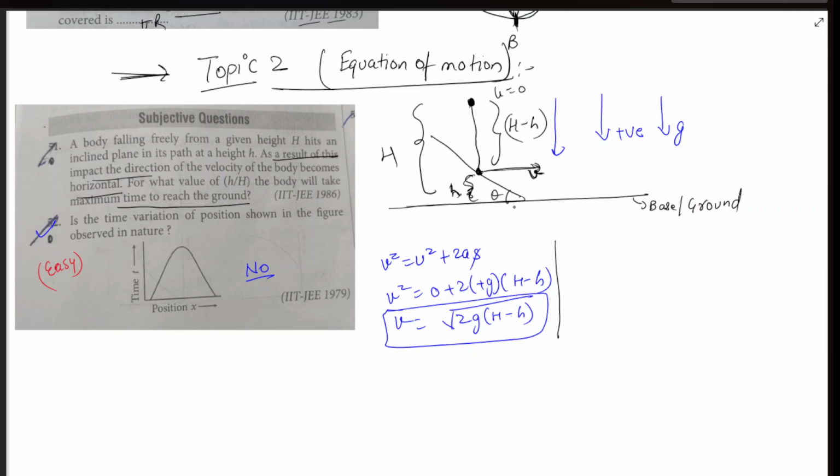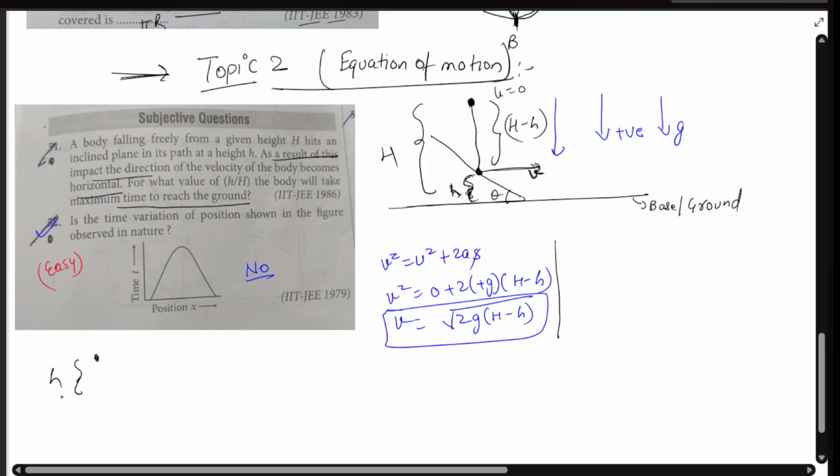Now, how can we solve it? Look, it has to go h downward. So the simple question becomes this. This is small h, this is our ground, and here we are giving the velocity.